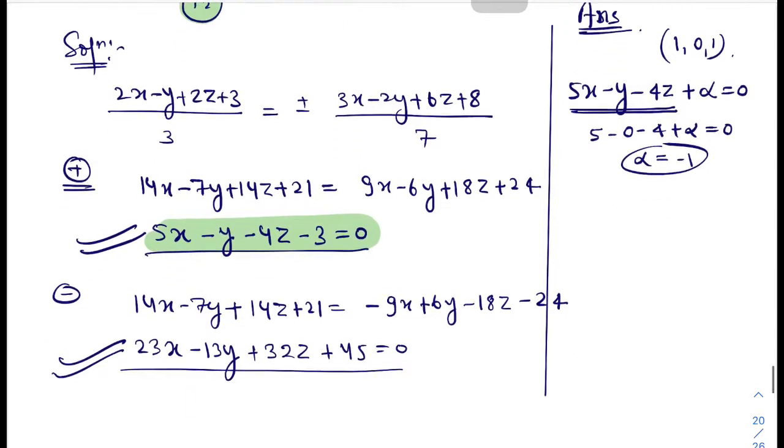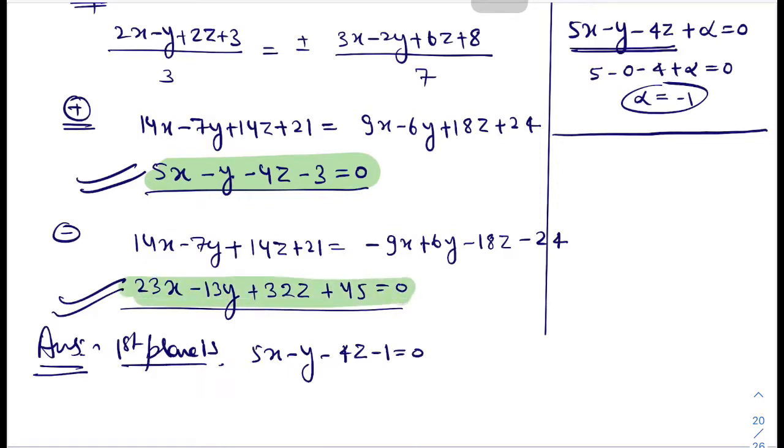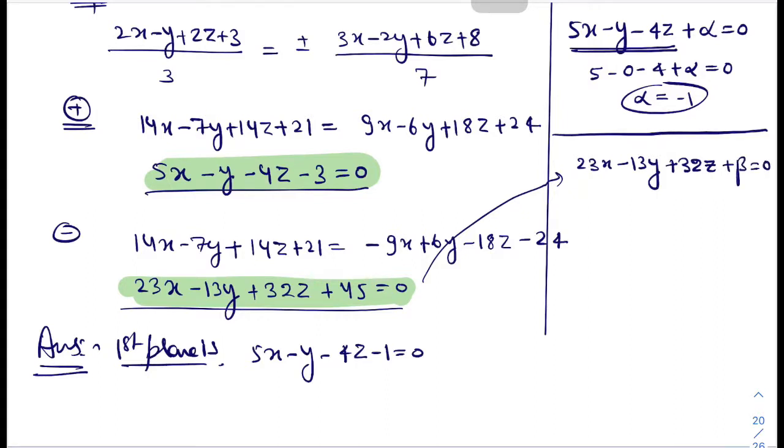So the answer, the first plane is 5x minus y minus 4z minus 1 equal to 0. Another plane is parallel to this other bisector, okay. So if I write a plane which is parallel to this plane, we will get 23x minus 13y plus 32z plus, let me write some other constant here, beta.